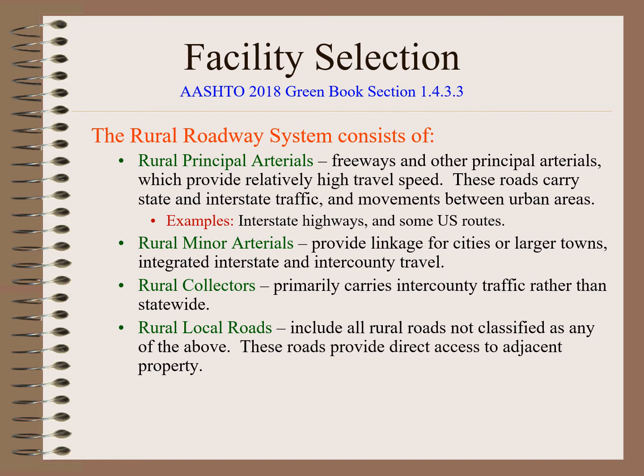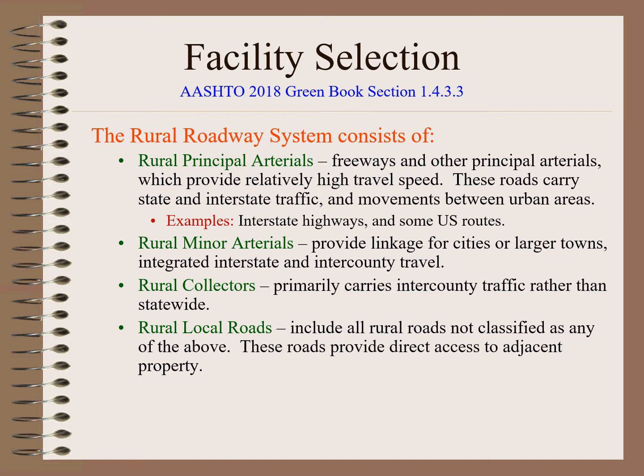Then you have the rural minor arterials, which link to the principal arterials and provide linkage between cities or larger towns. These type of roads integrate interstate and inter-county level travel. Then the rural collectors attach to the minor arterials and primarily carry all the inter-county traffic rather than the statewide.